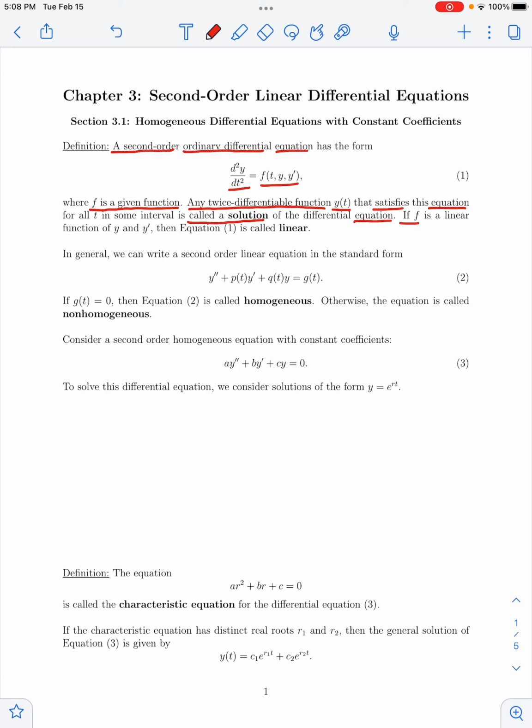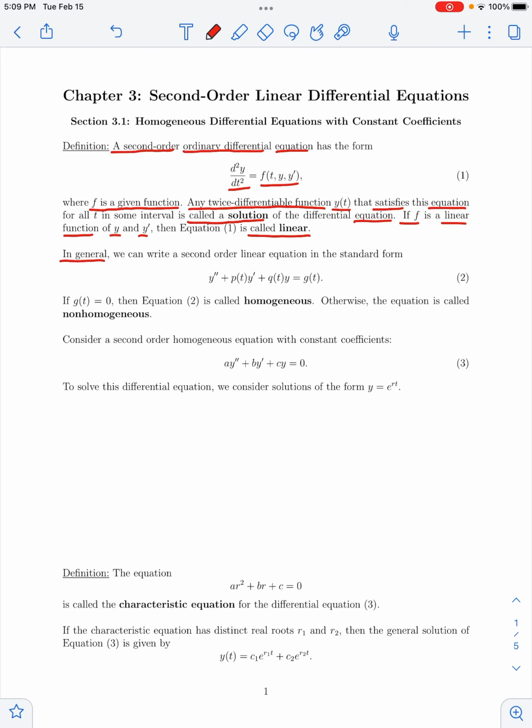So in the event that this function f is a linear function of y and the first derivative of y, y prime, then our equation is said to be a linear equation. So in this chapter, again, we're only going to be working with linear second-order equations.